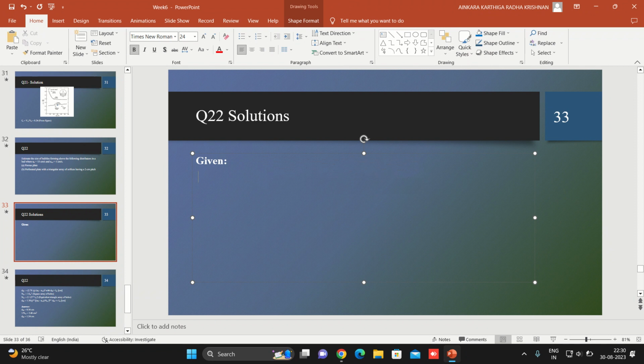U naught is equal to 15 centimeter per second. UMF equal to one centimeter per second.